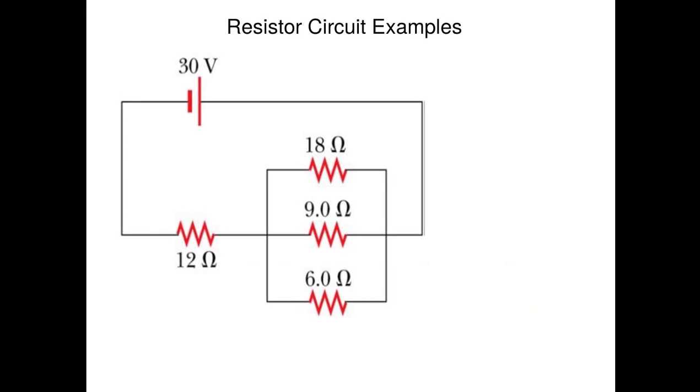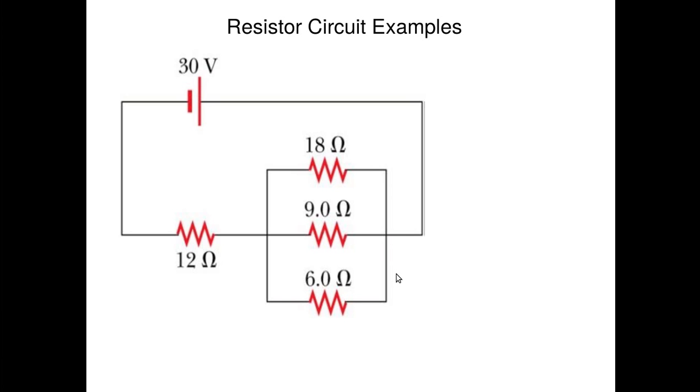So let's start with another basic example. I've got a combination, much like the first capacitor example. I've got a few resistors in parallel, the 18 ohm, the 9 ohm, the 6 ohm resistor, and these resistors are in series with the 12 ohm. So I'm going to do the same thing.